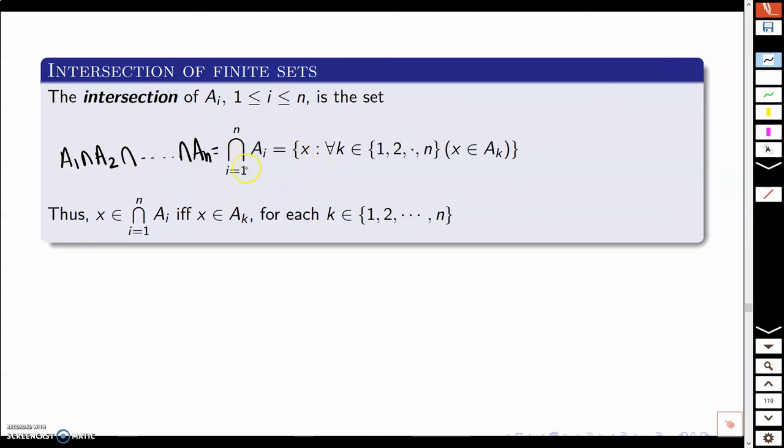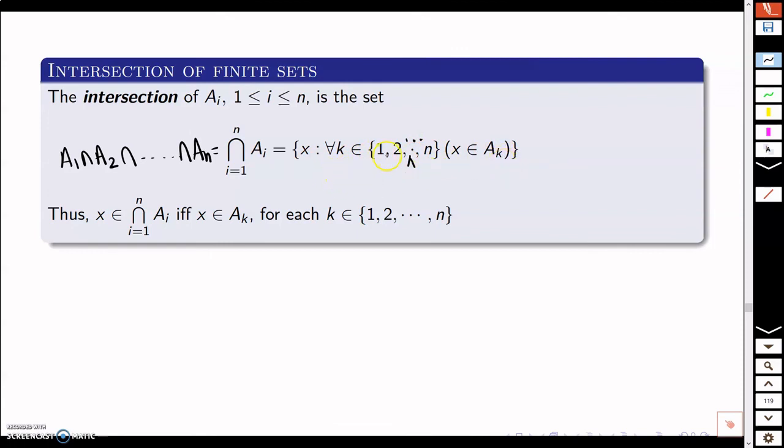When will a point come in the intersection of all of them? When that point is there in each and every set A1, A2 up till An. So this is the collection of all the elements x such that for every k in this set 1, 2 up till n, x has to come in that Ak.